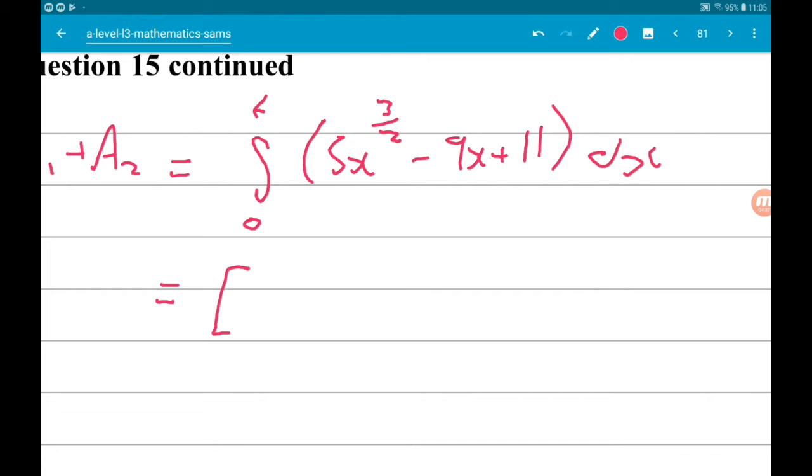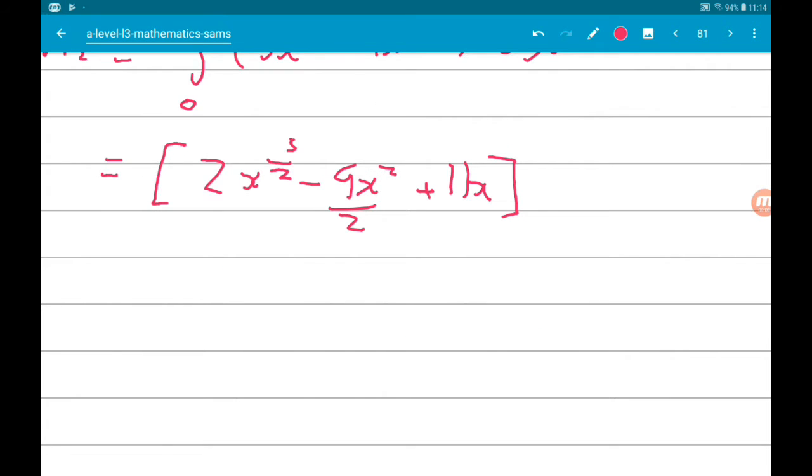That's also being multiplied by 5, so the 5s cancel out, so we just get 2x to the 5 halves. Now x integrates to x squared over 2, so that's 9 halves x squared. And 11 becomes 11x. And that is from 0 to 4.